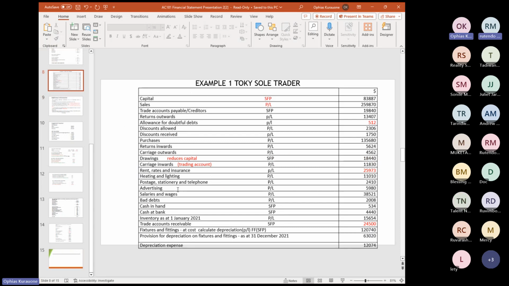When you say relevant, it means there should be a predictive value and a feedback value. The statement you are preparing should meet that standard. It means the value for future planning is going to be relevant.